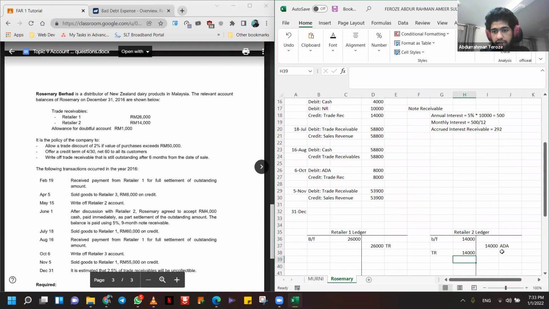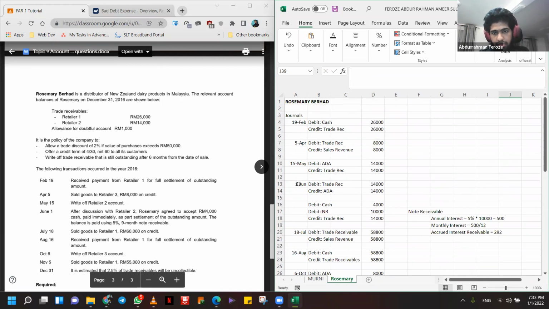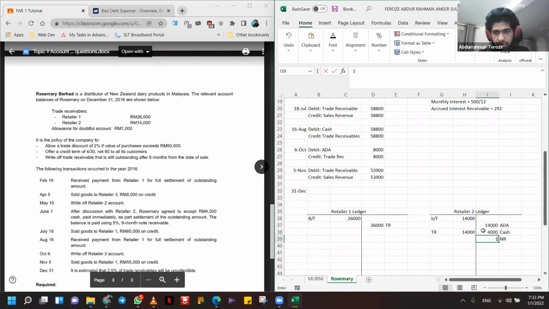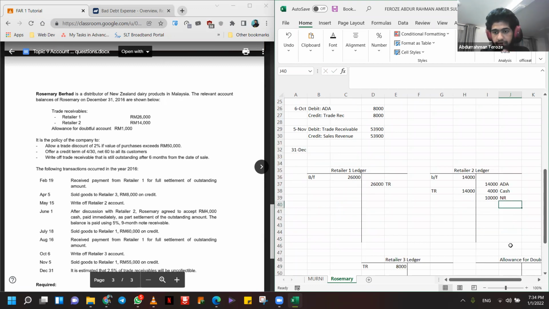They paid us 4,000 in cash, so we put 4,000 in cash, and they paid us 10,000 with a note receivable. So 10,000 with the note receivable.